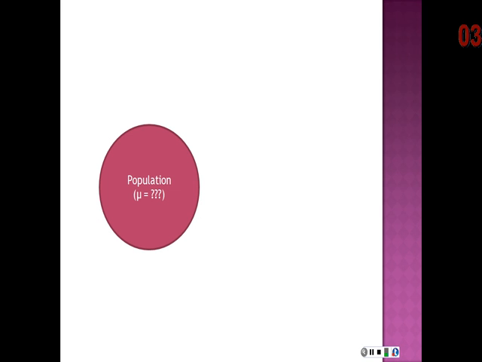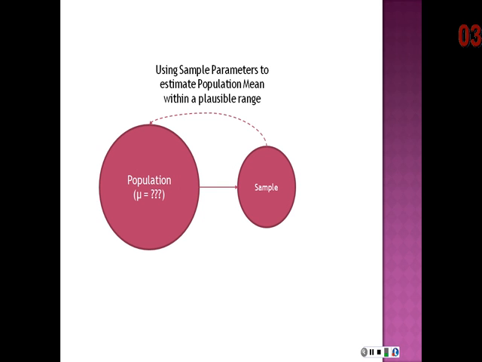And so essentially what we're doing here is we're taking a population with an unknown mean, and we're taking a sample from that population, and we're generating data based on that sample, and then we're going back and estimating the population parameters based on our sample data and giving a plausible range for that population.